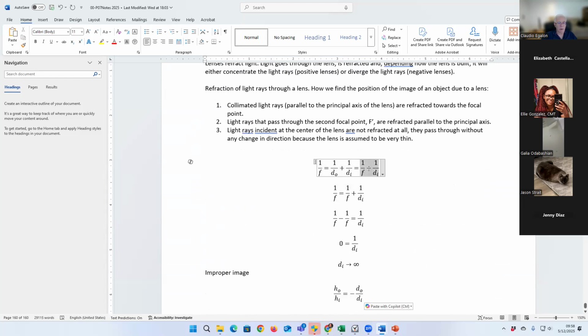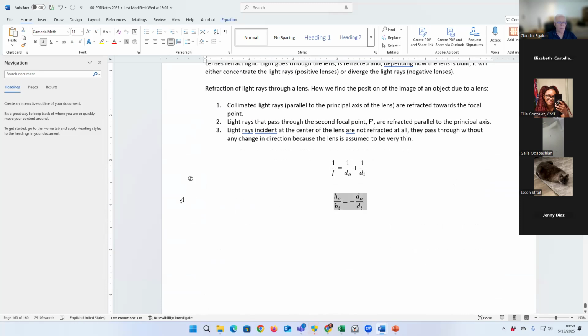We have this equation here. H naught over Hi, and you still have the magnification. The magnification M is equal to Hi over Ho.